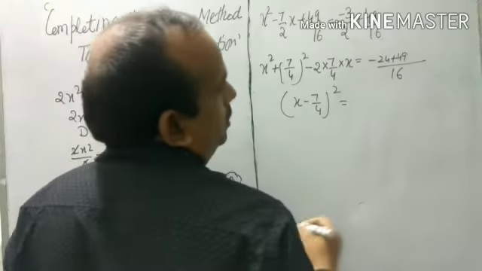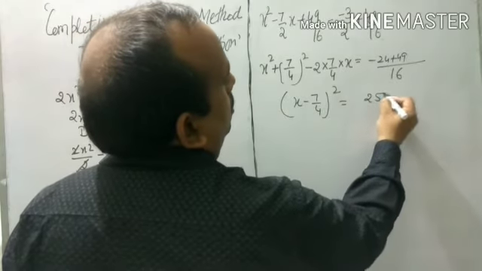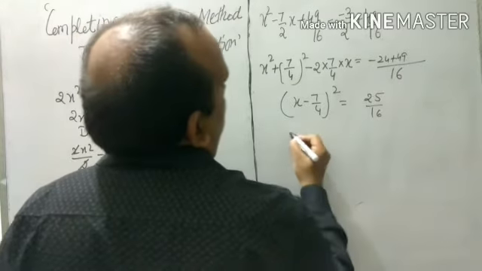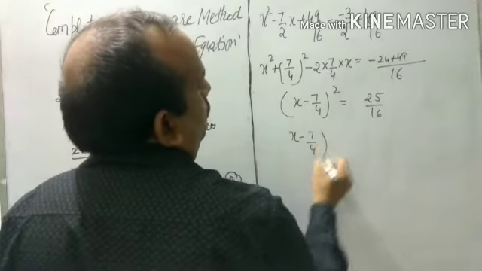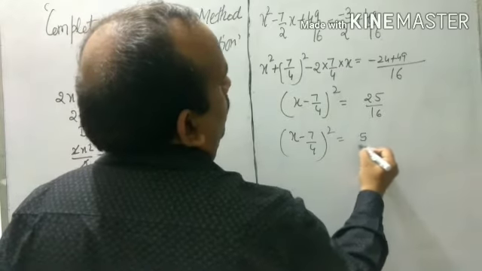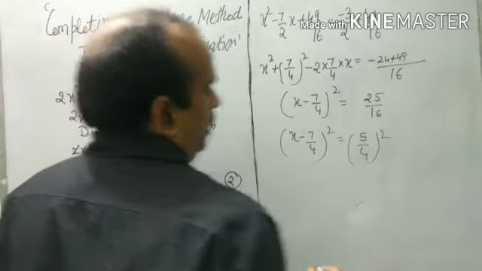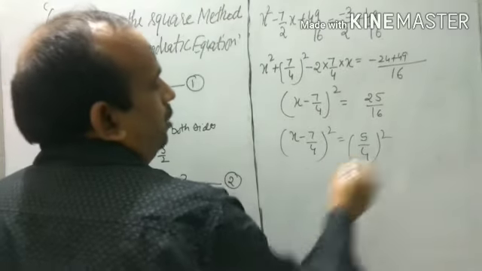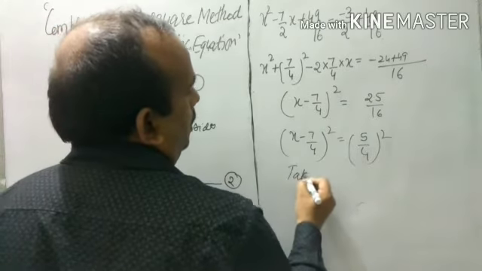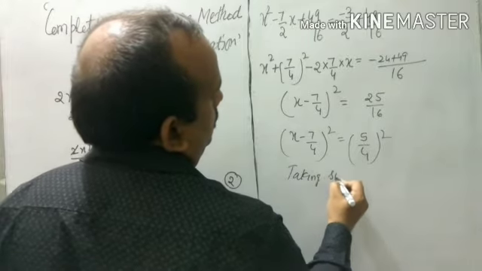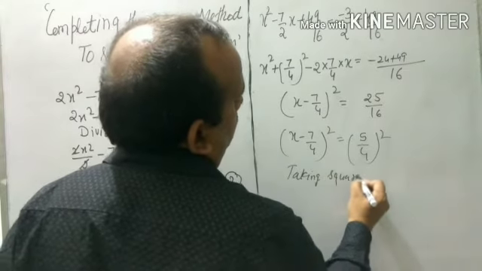Minus 24 plus 49 will be 25 by 16. It can be written in the form of 5 by 4 square. Now we will take the square root on both sides.